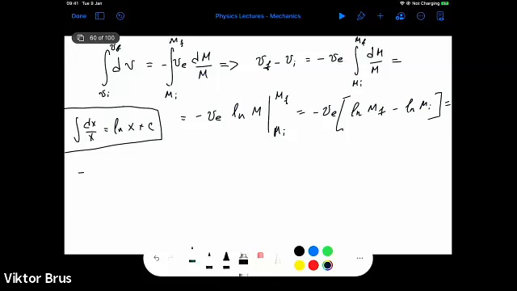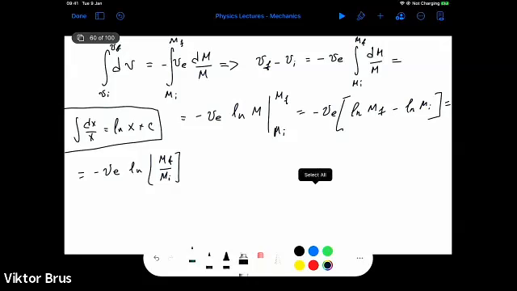So if we take into account properties of logarithm, the difference of logarithms is the logarithm of the ratio between two components. That will be minus v_e natural logarithm of m final divided by m initial.